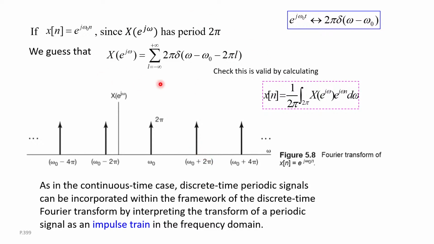So we know that when we work with this discrete time signal, its Fourier transform is this impulse train, this whole bunch of delta functions all spaced with 2 pi between them.